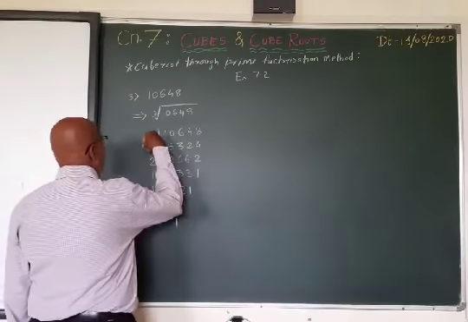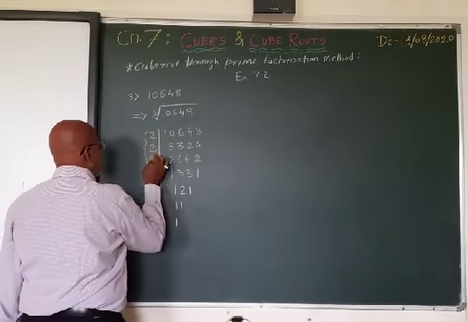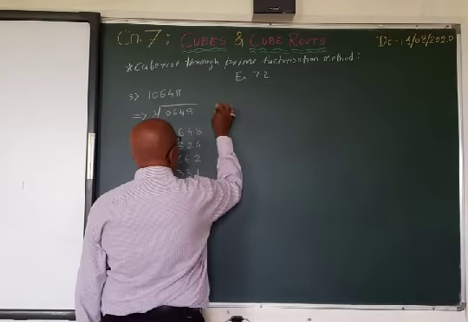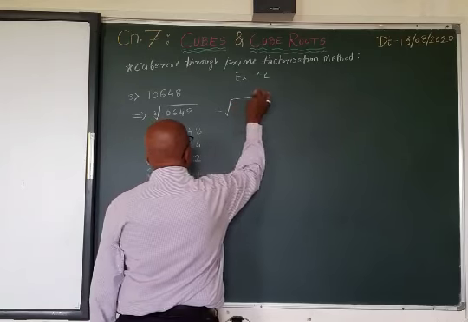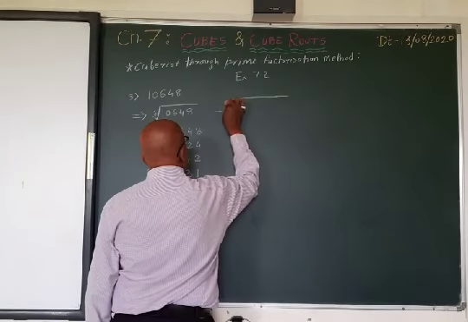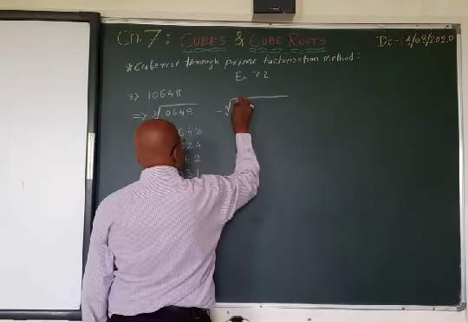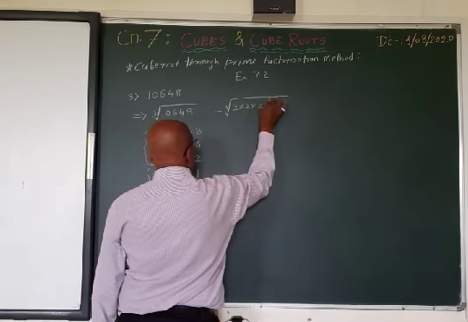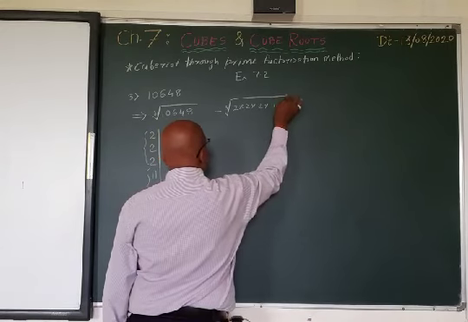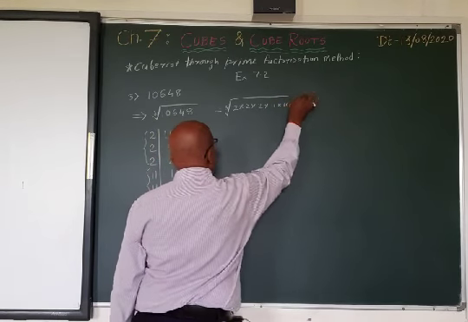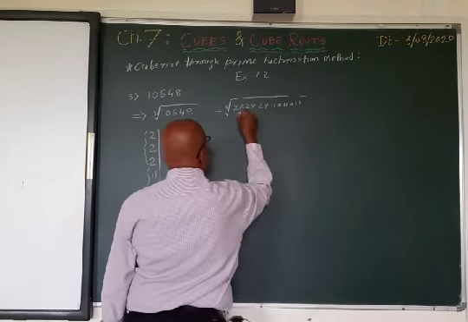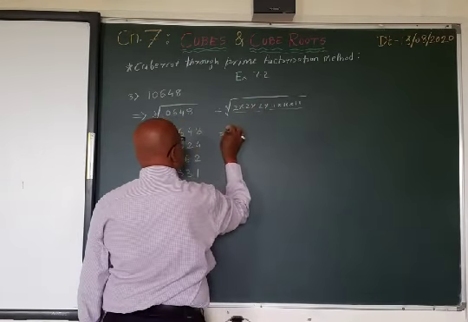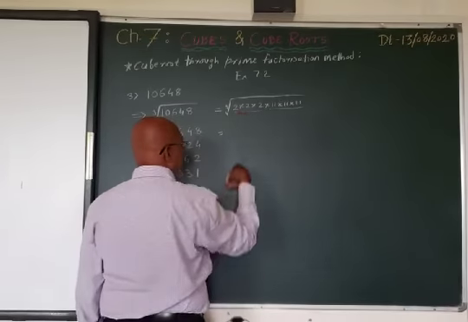So we have got the factors. This is the group of 3 and this is the group of 3. So we can write this as cube root of 2 into 2 into 2 into 11 into 11 into 11, and out of each group of 3, one we have to take out, so the root sign will vanish.